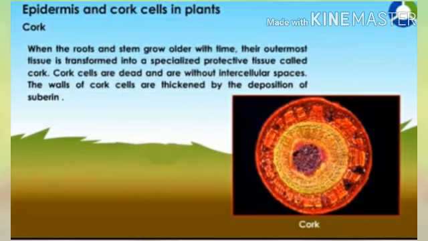A secondary meristem located at the cortex replaces it, and this is called cork cambium or phellogen. What is it called? Phellogen or cork cambium. The phellogen forms a layer of cells that constitute the cork.